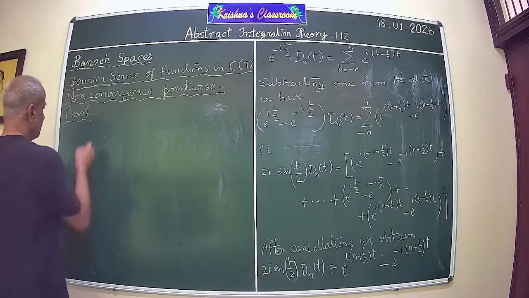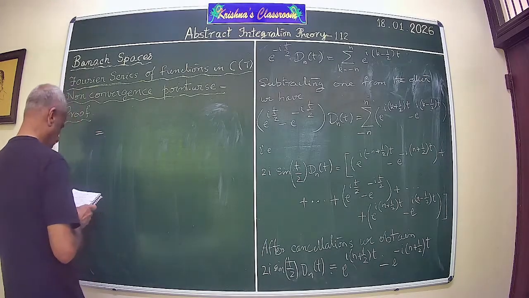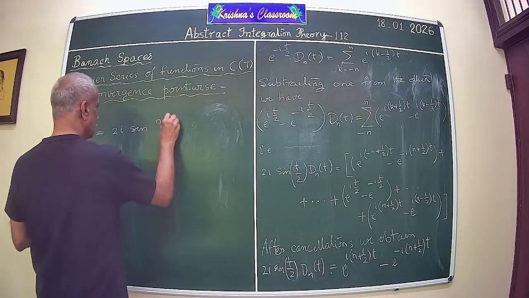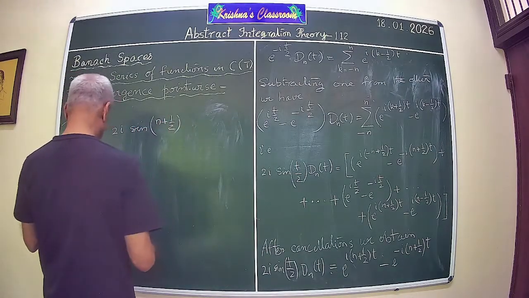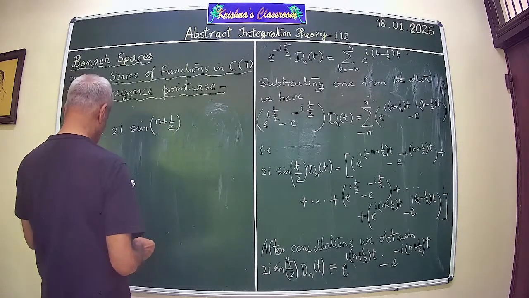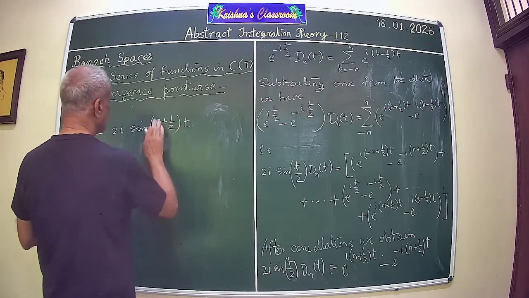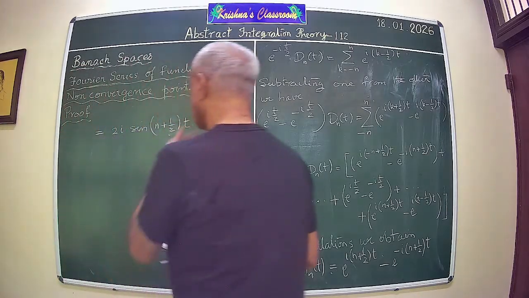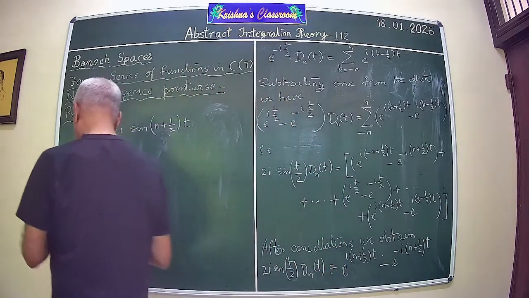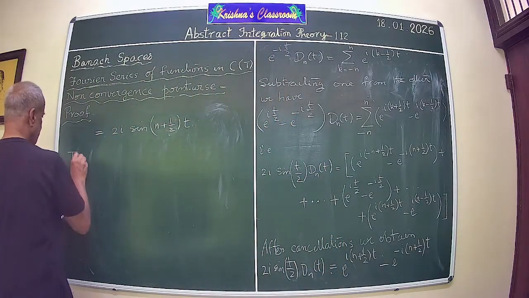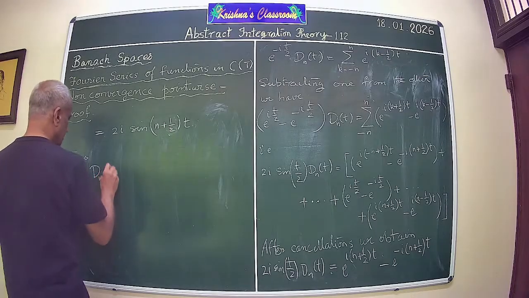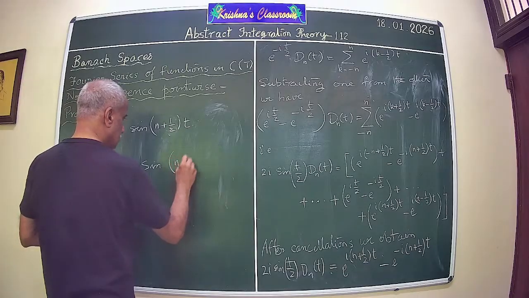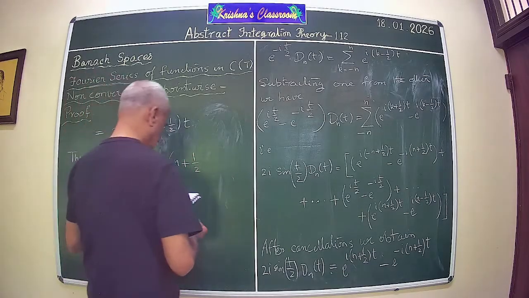So this is equal to 2I sin n plus half, consequently n plus half.